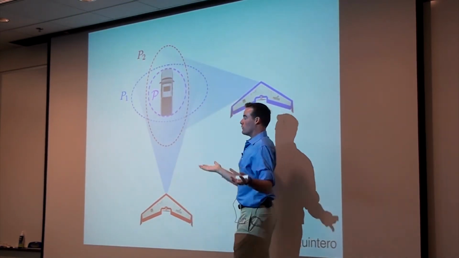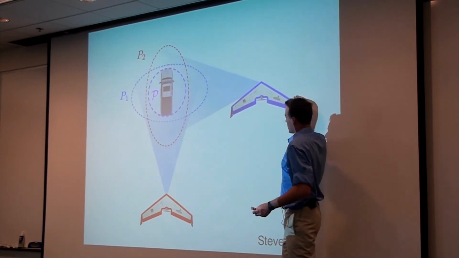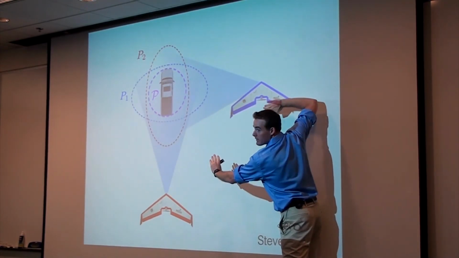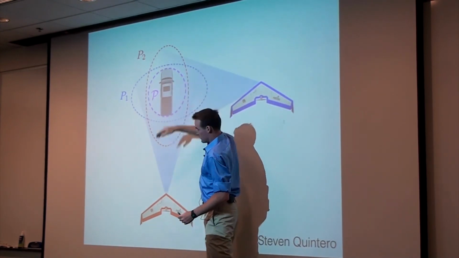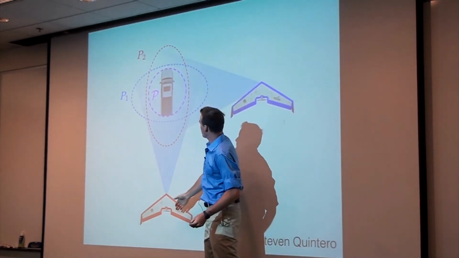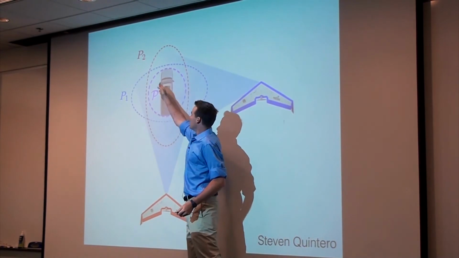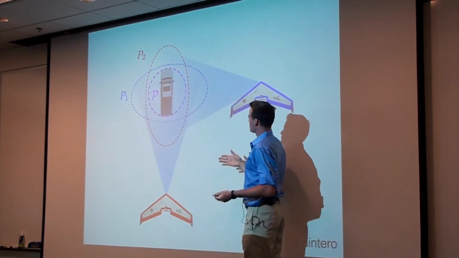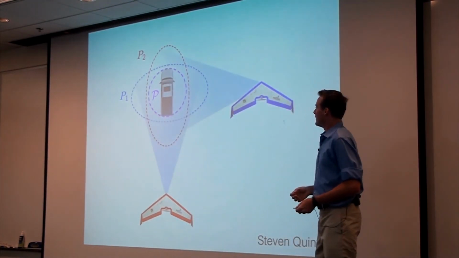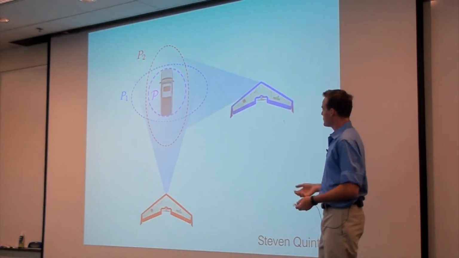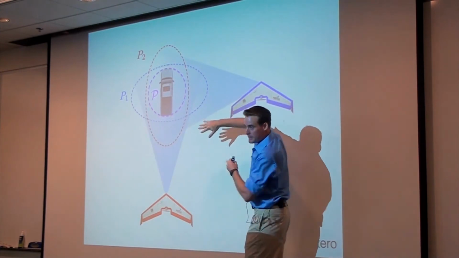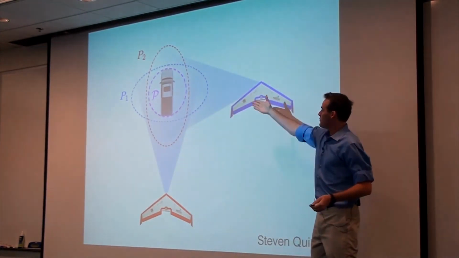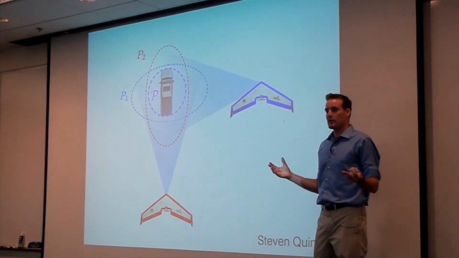So why don't we just have another UAV that is looking sort of 90 degrees away from this one, and that one will be able to resolve in this direction really well, which was the poor direction of the red one, and so the combined uncertainty will be this sort of purply pink uncertainty ellipse. And so this is called standoff tracking, and the idea is we'll have the UAVs at a 90 degree angle, and that'll sort of minimize the combined uncertainty.